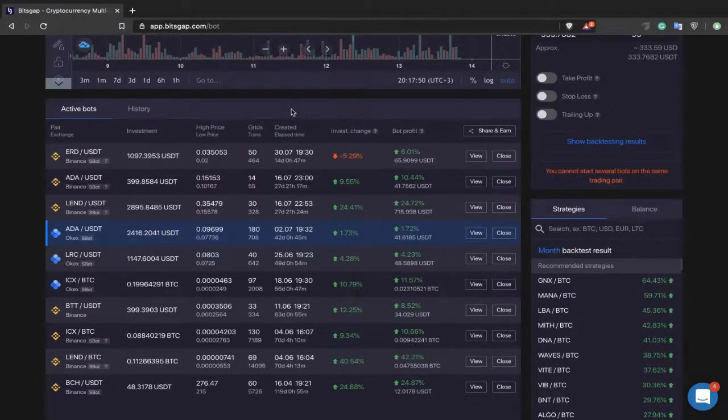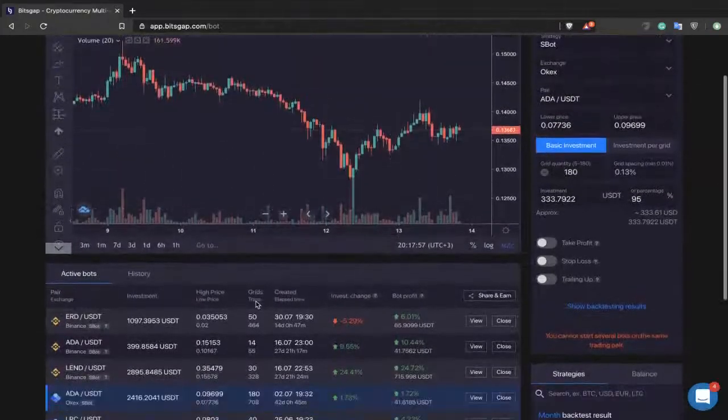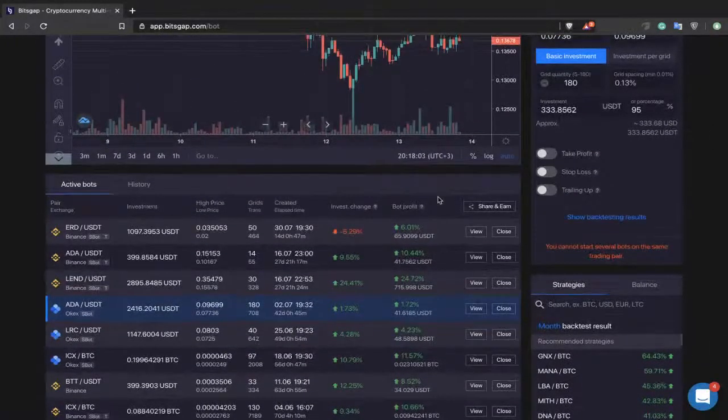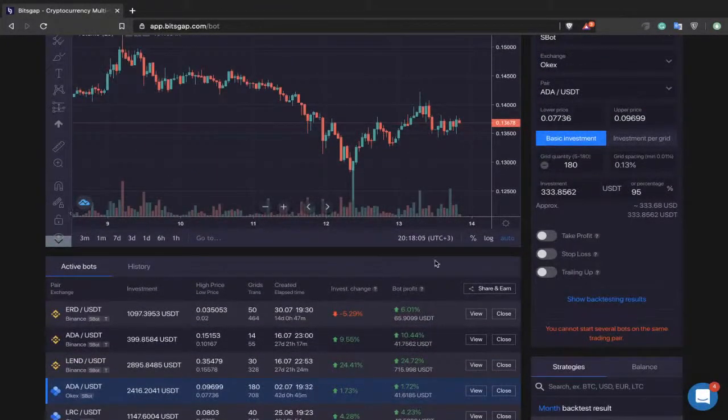So this all provides trading diversification. And you can backtest strategies before jumping into trades. So you have all of the metrics, you have all of the instruments to maximize your potential return and to limit your losses in case the market starts falling.